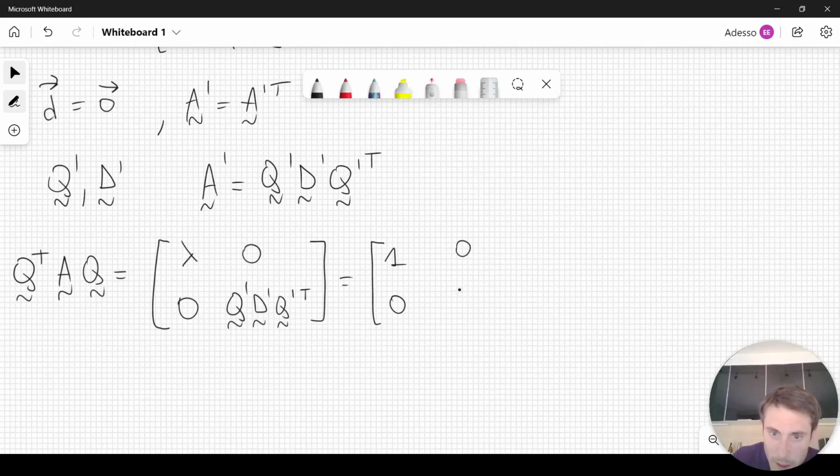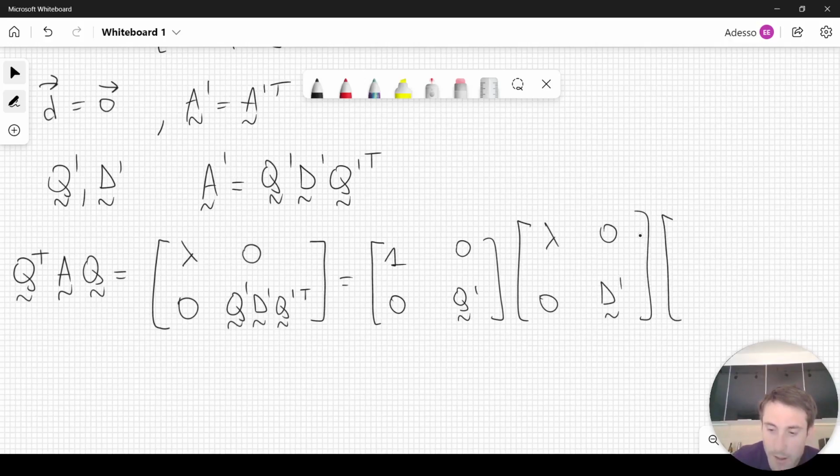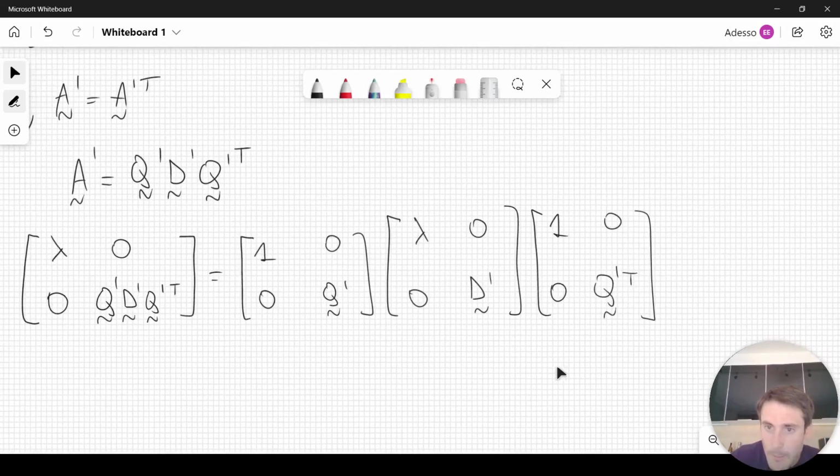So we can rewrite A prime like this, and we can also rewrite this matrix in the following fashion: 1, 0, 0, Q prime, and then here we have lambda 0, 0, D prime, and then here we have 1, 0, 0, Q prime transpose. We can also rewrite this matrix here like this, so we can put the transpose out of the matrix.